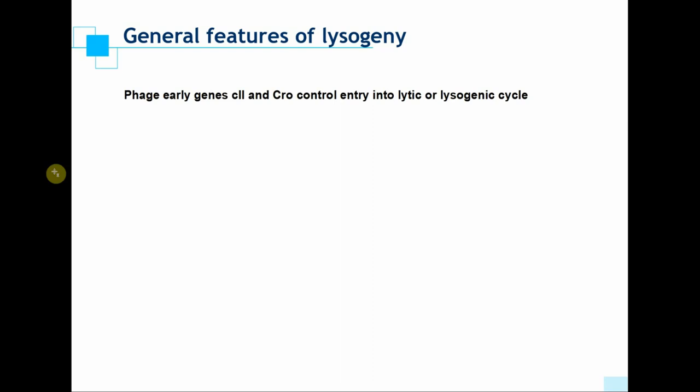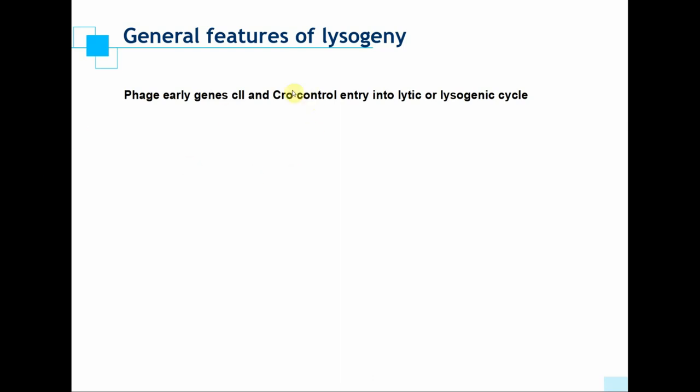So one of the questions is what decides the fate of the infected bacterium? The initial stage is identical. You start with phage DNA injected into the bacterium. What makes the decision between a lytic and a lysogenic cycle are the relative levels of these two gene products, C2 and CRO. C2 and CRO are the first two phage genes to be expressed after a lambda phage infection.